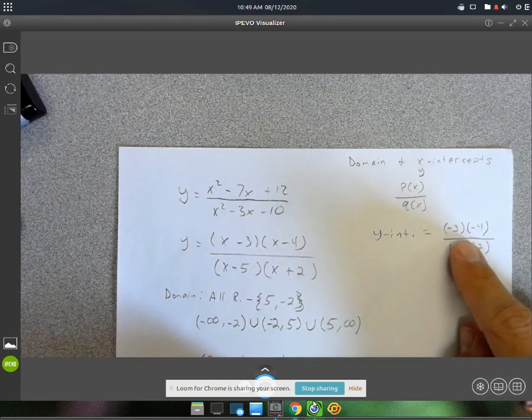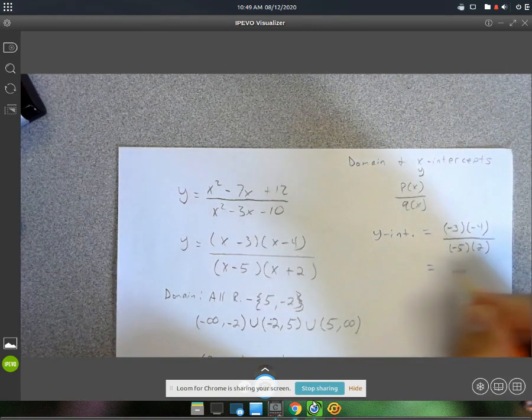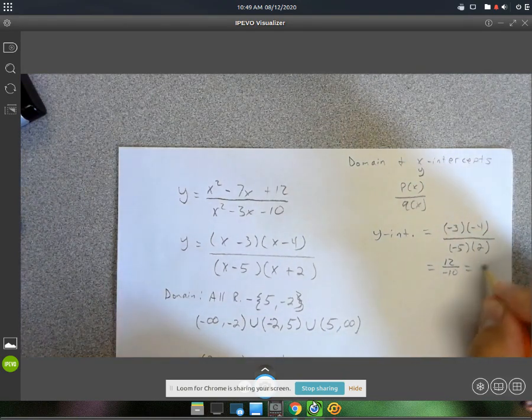This is going to give us +12 up top and a -10 on the bottom, which simplifies to -6 over 5.